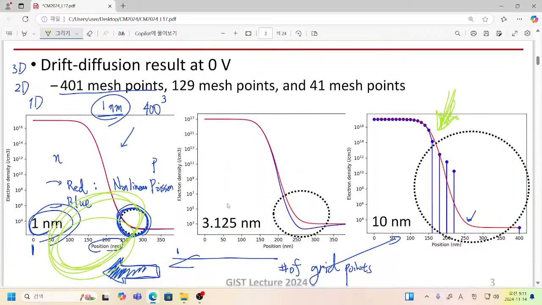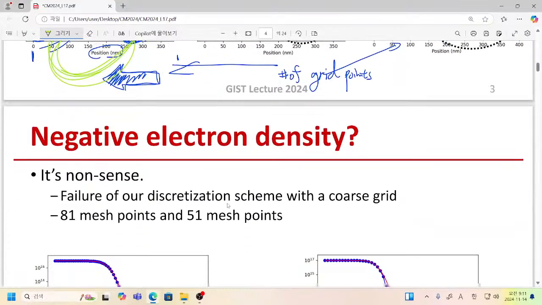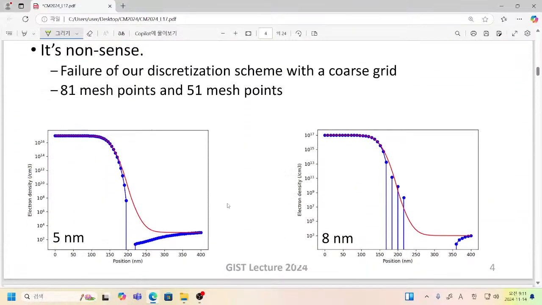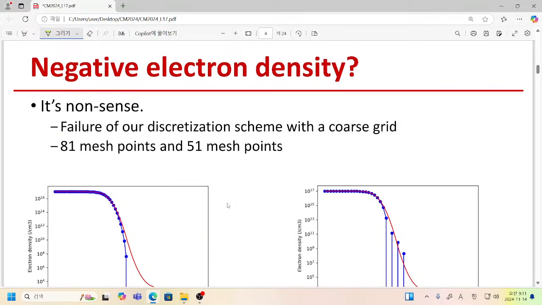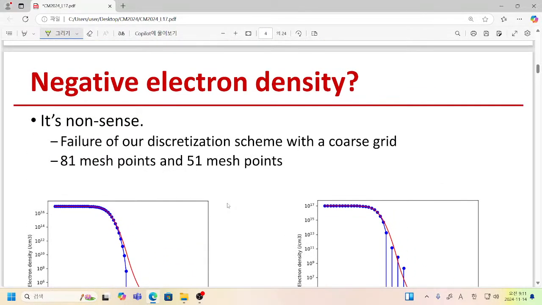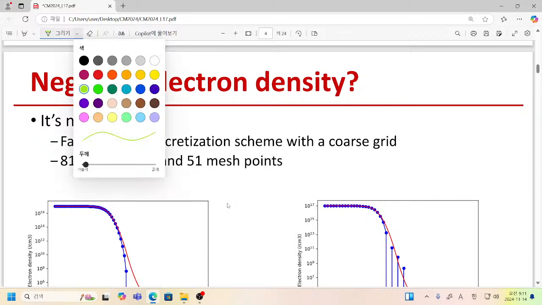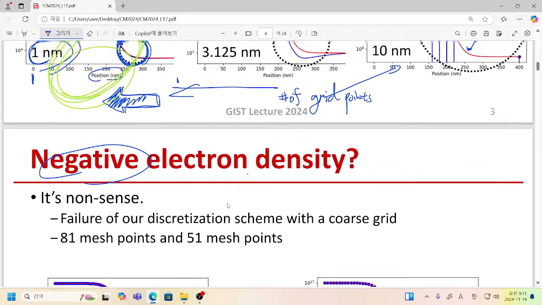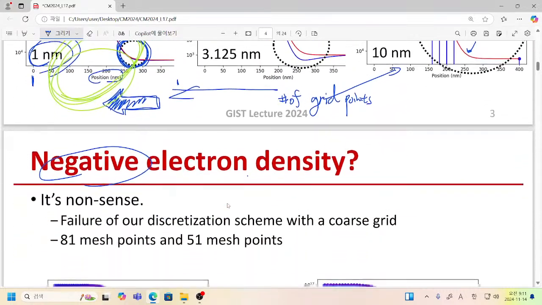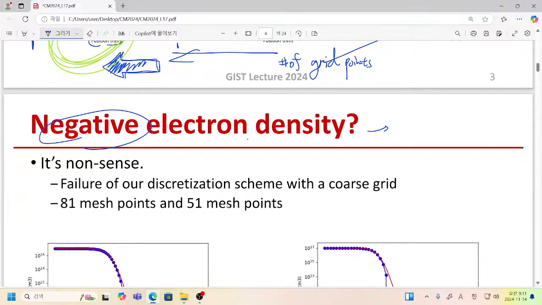Now we can improve this situation with the Scharfetter-Gummel scheme. One thing I wanted to say is, sometimes students ask me this question: here we have a negative electron density somewhere, is it related with a certain occurrence of the same amount of hole density?